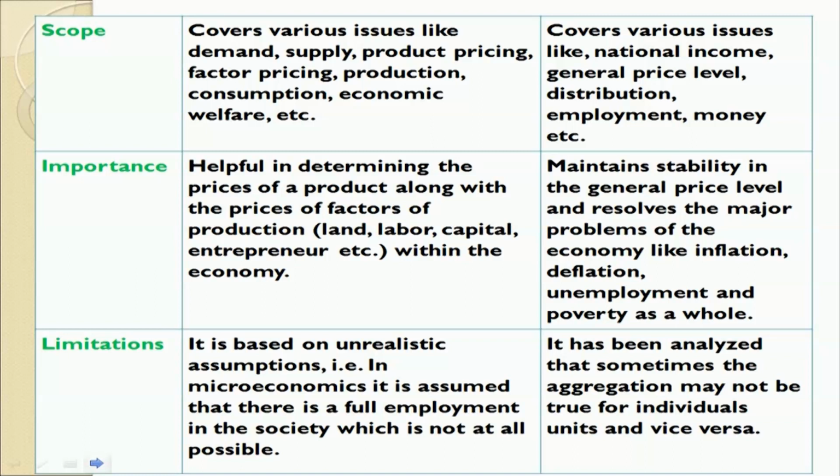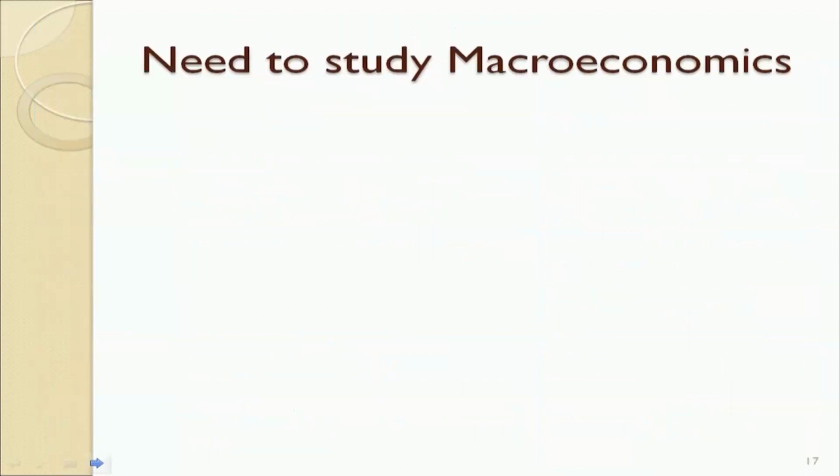Sometimes this may not be true, because individual incomes differ, individual demand differs, supply of products differs by organization, and prices differ for different products in different market conditions. So, the aggregation concept sometimes causes trouble when measuring macroeconomics or the overall economy.